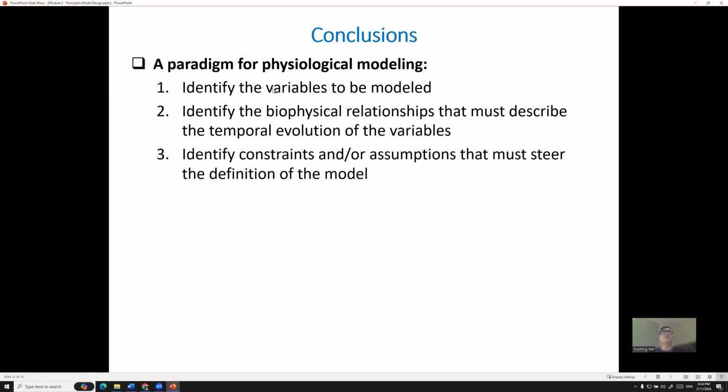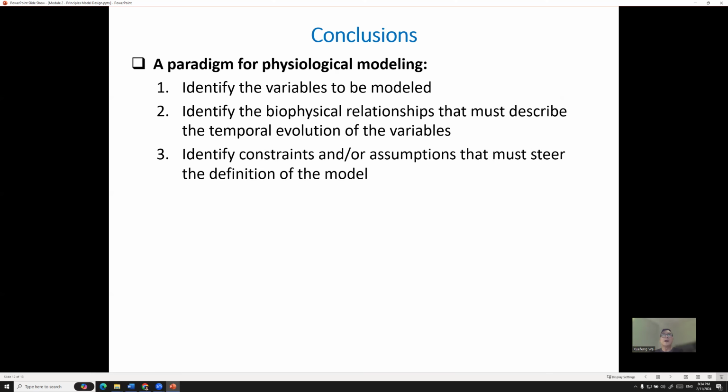A paradigm for physiological modeling is this: first, identify the variables to be modeled. We translate a physical or physiological parameter into a mathematical parameter.